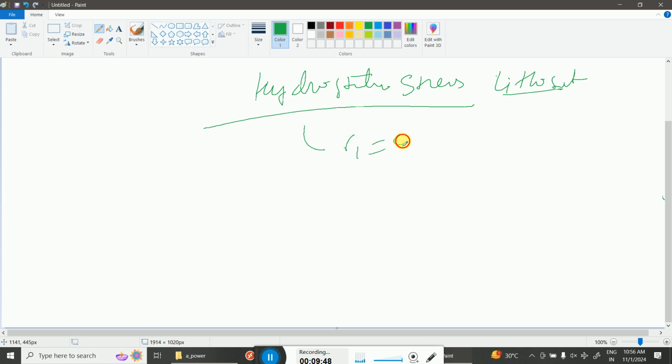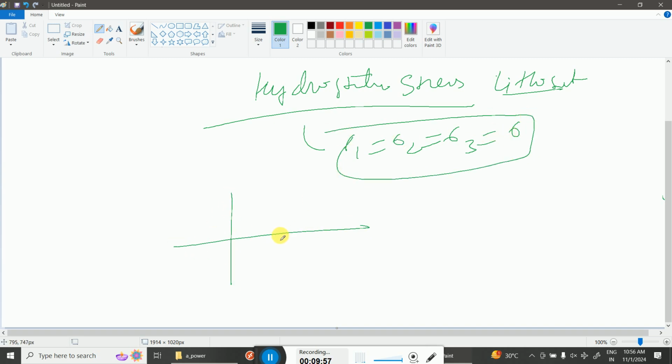Sigma 1 is equal to sigma 2 is equal to sigma 3. When all these three are equal, there will be a dot here, because it is non-zero and all are equal. Sigma 1 is always on the right-hand side, so the value can be anywhere from here to here. This is the hydrostatic stress.